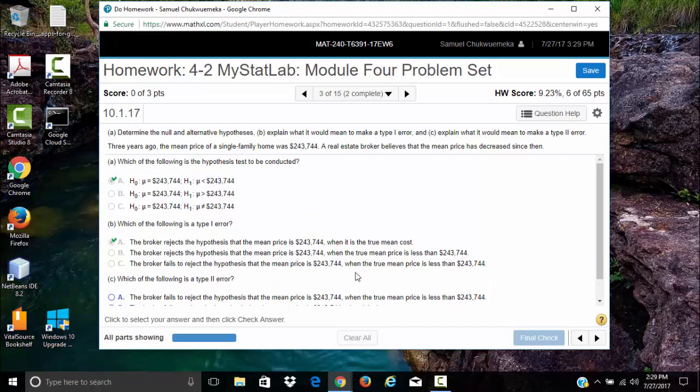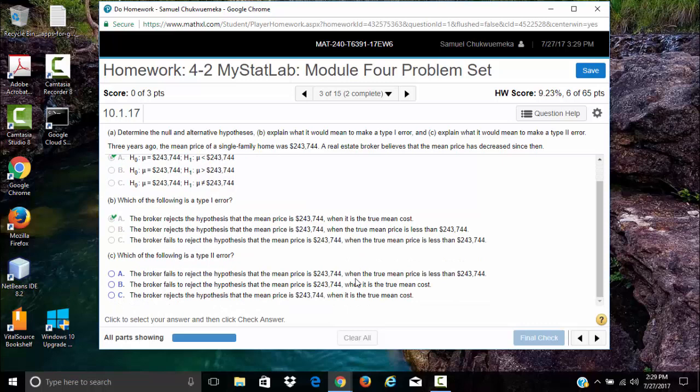That's the alternative. In essence, when you reject the null, that means you are accepting the alternative. And when you fail to reject the null, that means you're rejecting the alternative, in essence, okay?